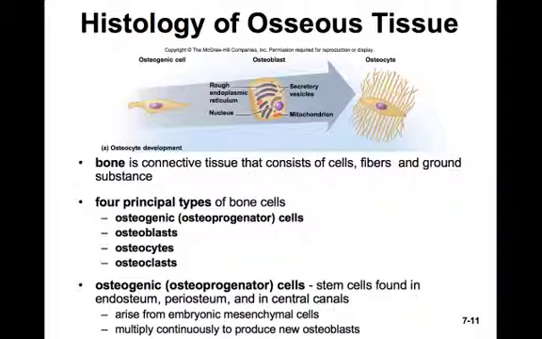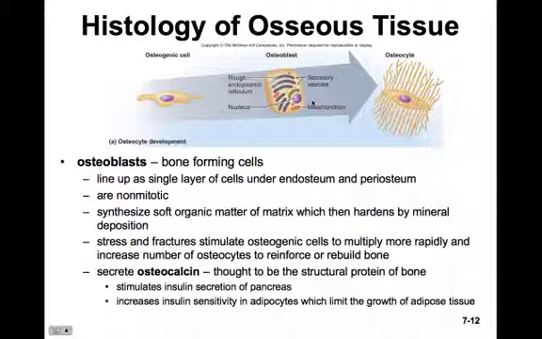They arise from embryonic mesenchymal cells, and they multiply continuously to produce new osteoblasts. So here we have an osteogenic cell, and it will become an osteoblast. It will give rise to many, many osteoblasts, and the osteoblasts will eventually become mature osteocytes.